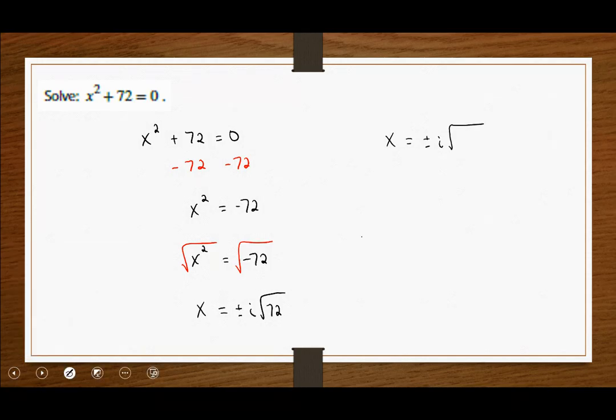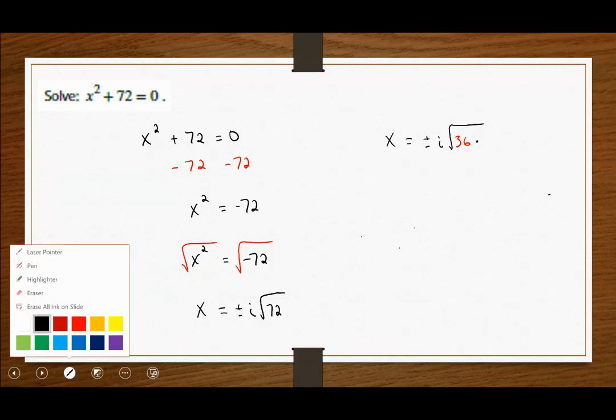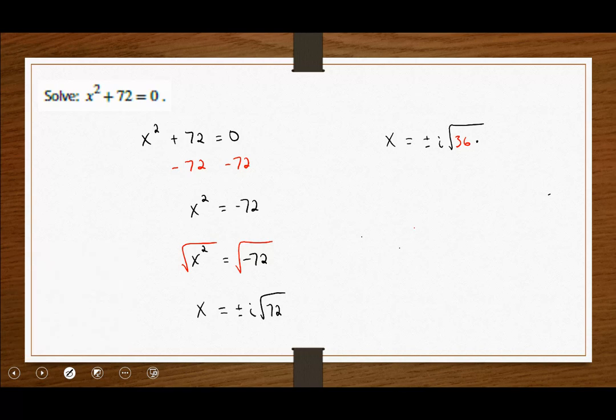We want to identify the perfect square factor and non-perfect square factor in that expression. So for 72, my perfect square is going to be 36. My non-perfect square factor is 2. Applying the product rule allows me to split those into their own roots. And so I get something like the square root of 36 times the square root of 2. Simplifying allows me to get my solution here of x is equal to plus or minus 6i square root of 2.